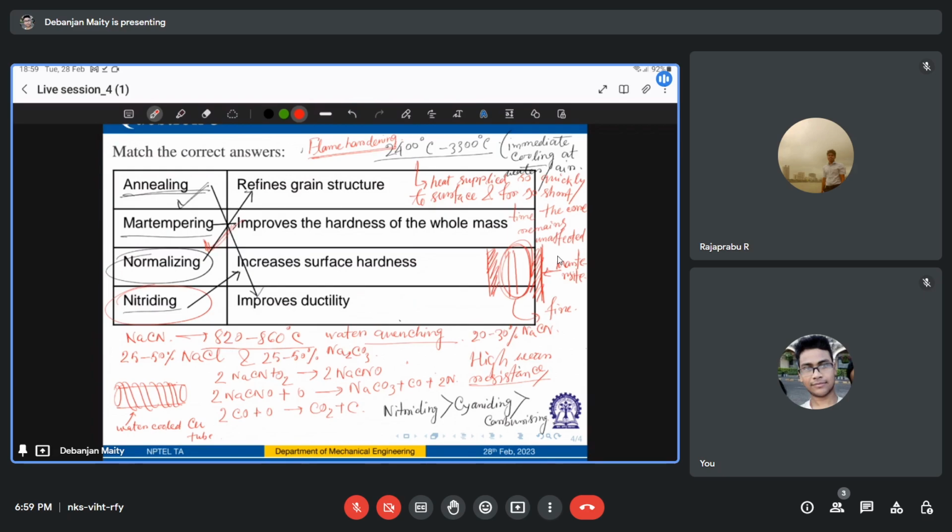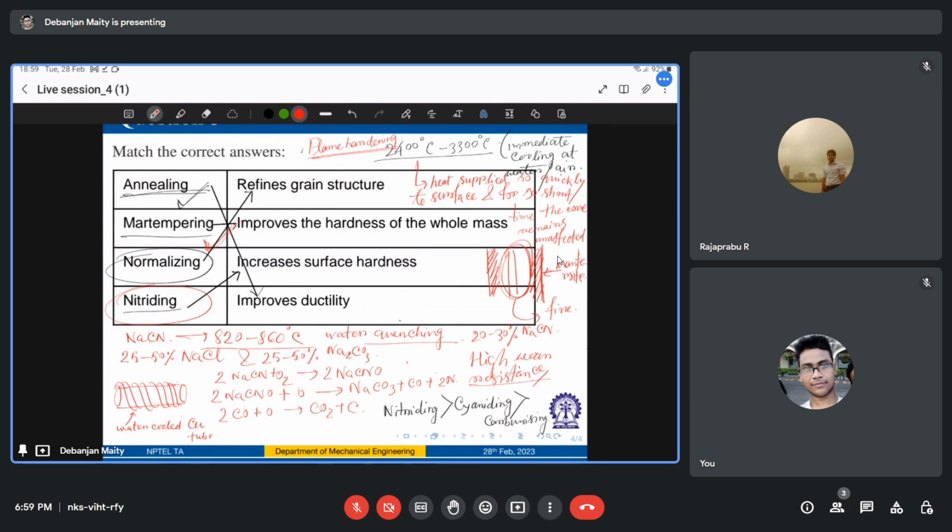Because of this alternating magnetic field, the field induces eddy current on the surface layers, and heat is generated. Correct. And then the current density is not uniform throughout the cross section of the workpiece. Approximately 90% of the heat is generated in the surface layer of a certain thickness. So there is some relation basically.